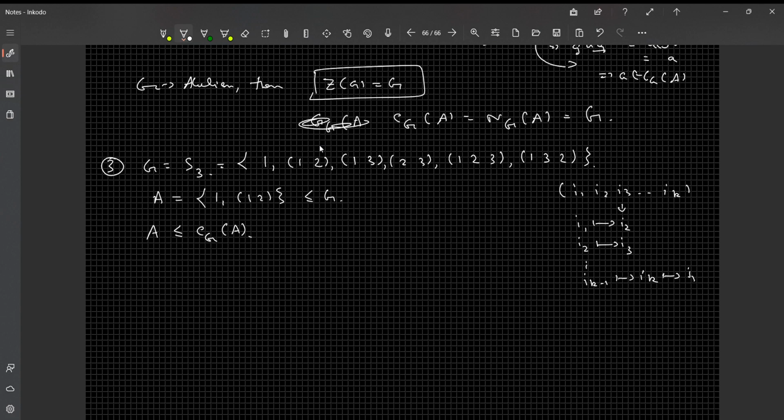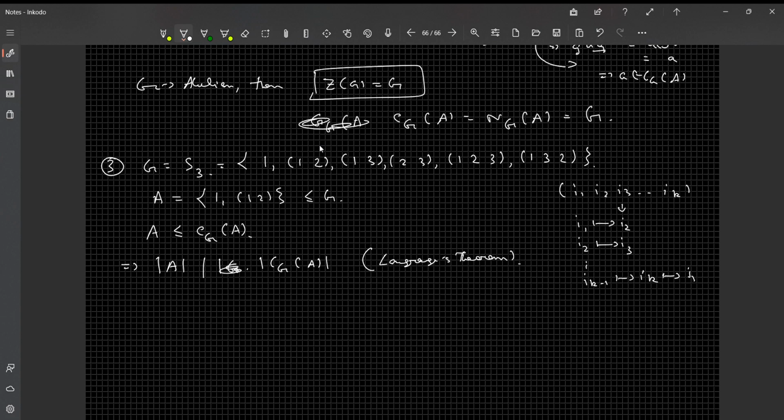And we can use the notation of subgroup because A is a subgroup of G and A is contained in the centralizer, so it must be a subgroup, right? So that implies the order of A divides the order of the centralizer. And this is from Lagrange's theorem.